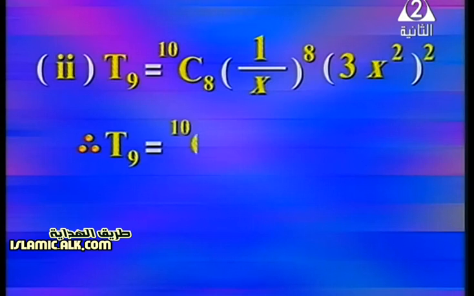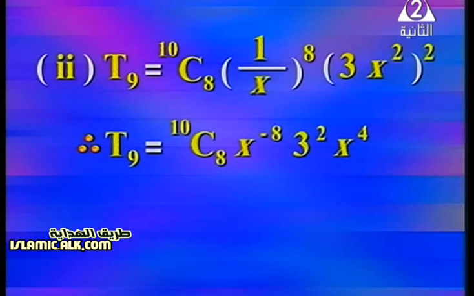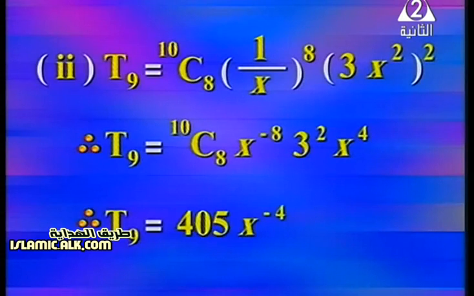By the same method, 10C8 times x to the power negative 8 times 3 squared times x to the power 4. Then, using a calculator, 10C8 equals 10C2. Multiplied by 3 squared, that equals 405. X to the power negative 8 times x to the power 4 equals x to the power negative 4.